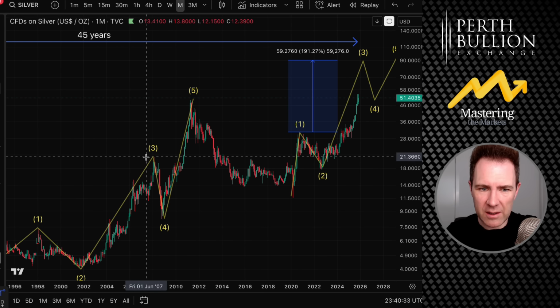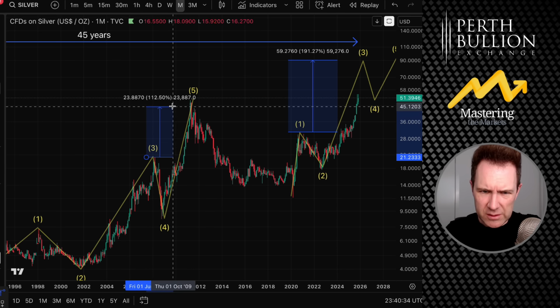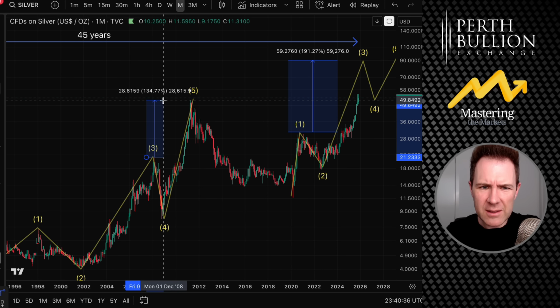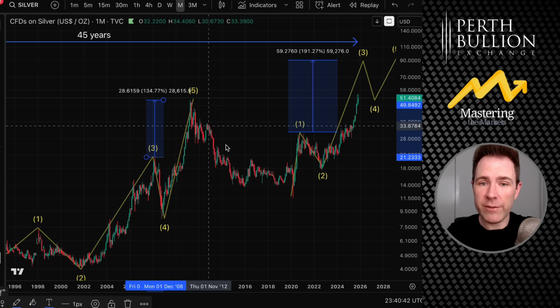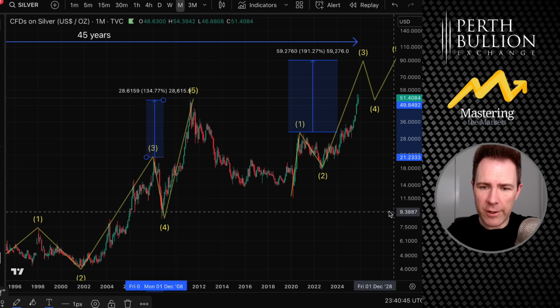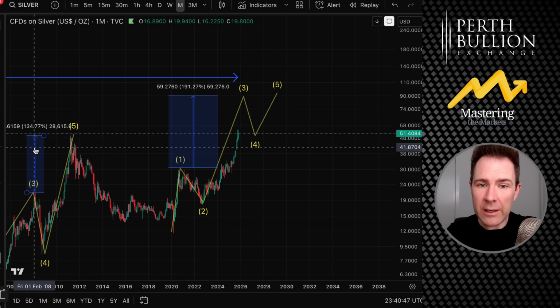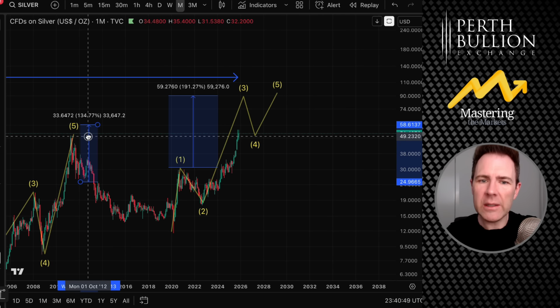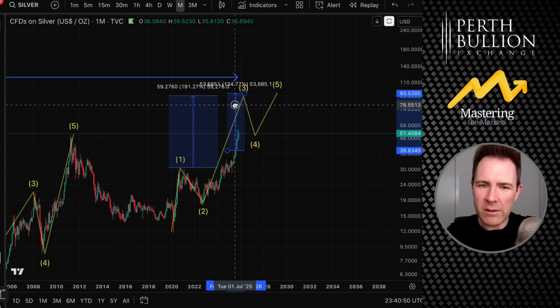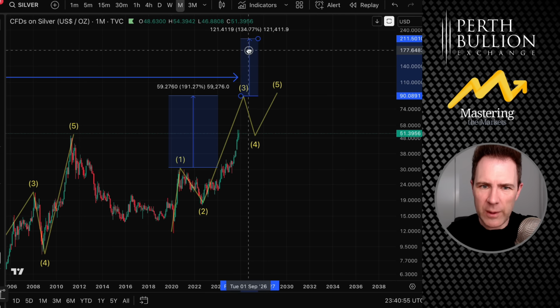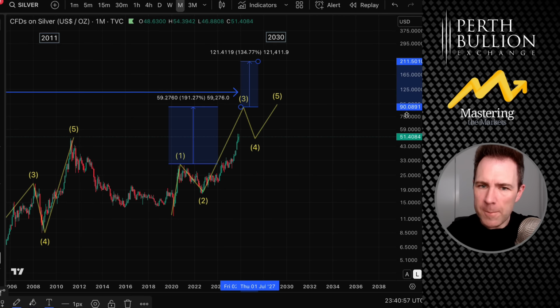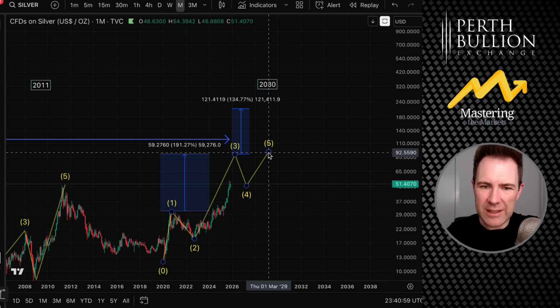But really, let's take it out from here. That is a 130% move from the previous top of wave 3 to the top of wave 5. Let's just do that now. From the top of what I think will be around the top of wave 3, sitting at around $90 US, let's see where that takes us out to the top of wave 5 for 2030, roughly.